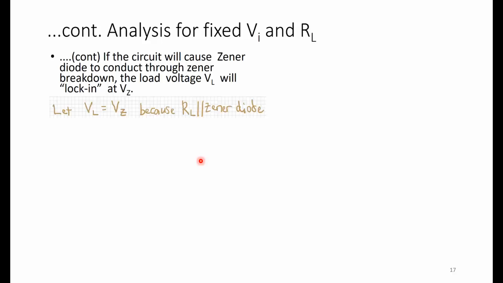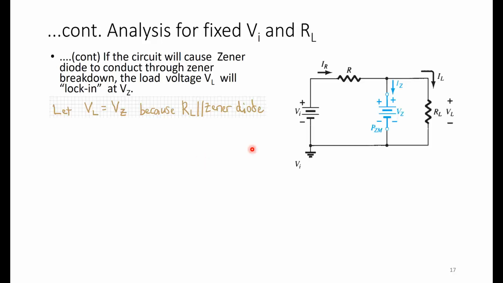So let VL equal Vz if it is shown that it can break down, because RL is parallel to the Zener diode. Once this breaks down, VL is equal to Vz because they are parallel, and this diode will lock the value at the breakdown voltage Vz.